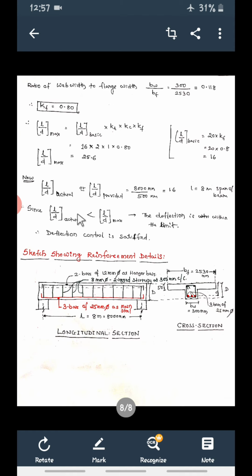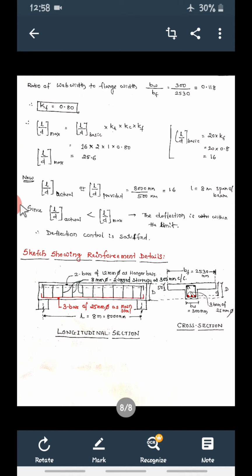In module number 3, you are going to get one full 20-mark design problem in the examination: either design of singly reinforced beam, doubly reinforced beam, or T beam. So please solve all these 3 designs once again. If any doubts are there, you can call me and clarify your doubts. Thank you very much for attending this session.